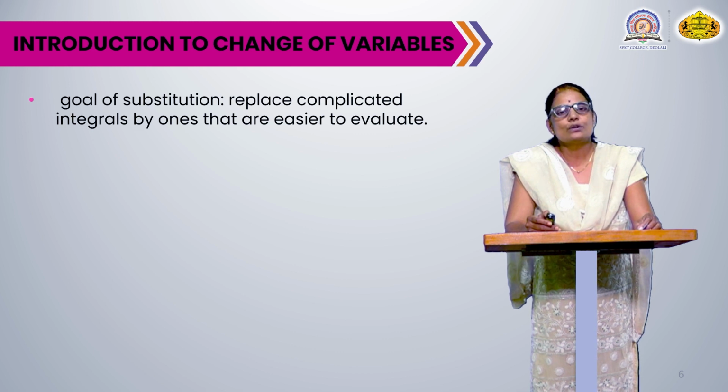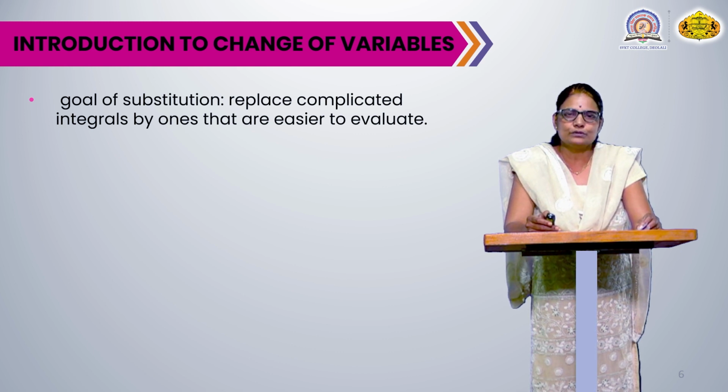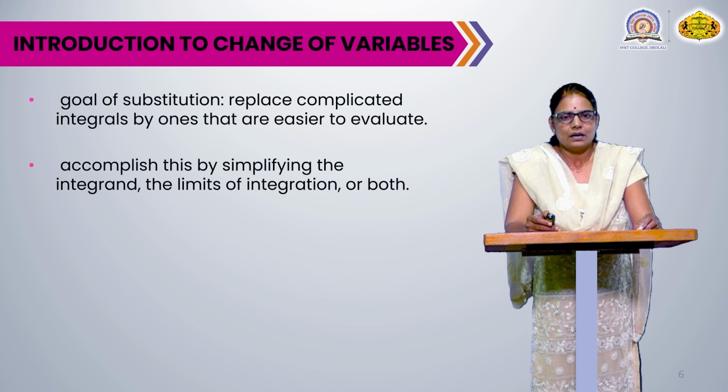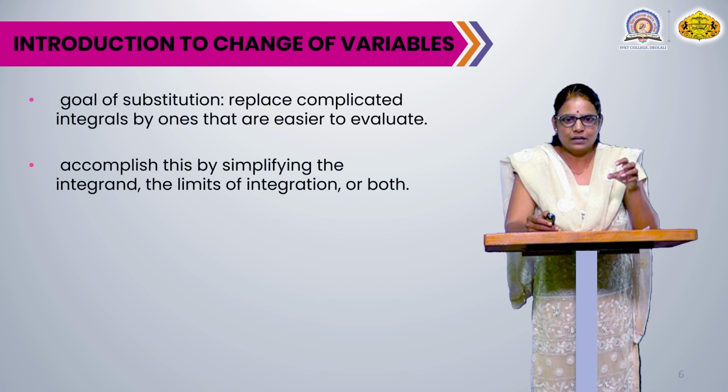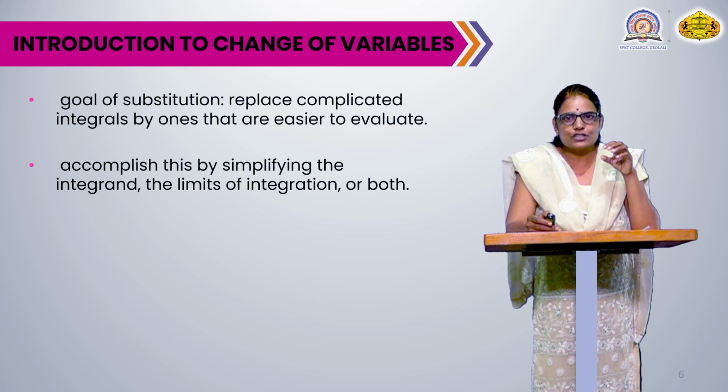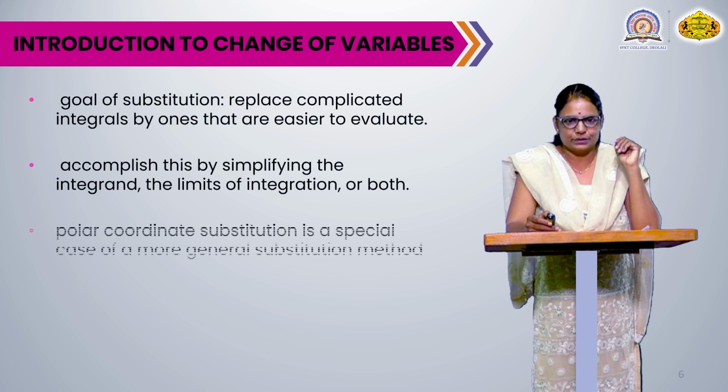Here also, for a function of two variables, the goal of the substitution method, that is, changing variables, is to replace the complicated integral by ones that are easy to calculate. Changing variables accomplishes this by simplifying either the integrand or the limits of integration or both.